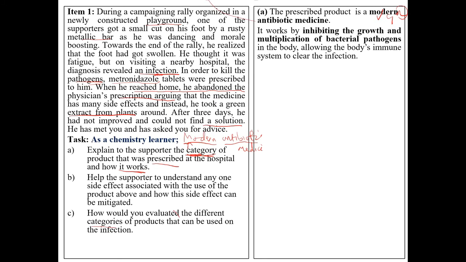It works by inhibiting the growth and multiplication of bacterial pathogens in the body, allowing the body's immune system to clear the infection. Very good. And you get all your scores. So the function will give you all the 4 scores, and the category will give you all the 2 scores. So that's why I said we need to maximize all the scores.